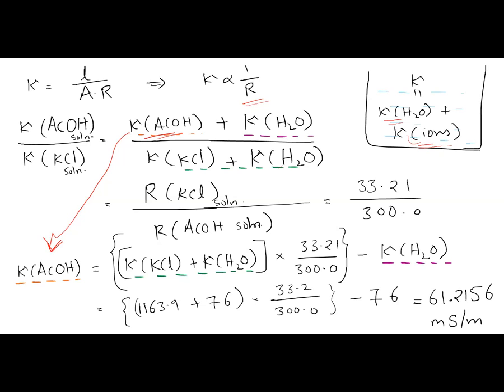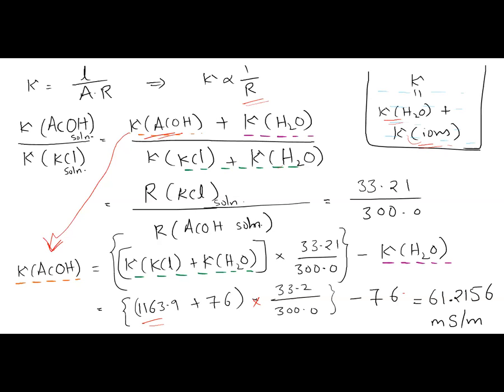So kappa of acetic acid is the conductivity of KCl plus conductivity of water, times 33.21 over 300, minus this term, the conductivity of water. I know these values from the question. So it's 1163.9 plus 76, times 33.2 over 300, minus 76. If you do this math, you should get 61.2156 millisiemens per meter. So that's the conductivity of acetic acid.